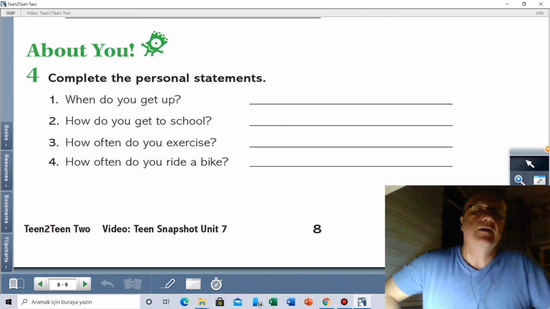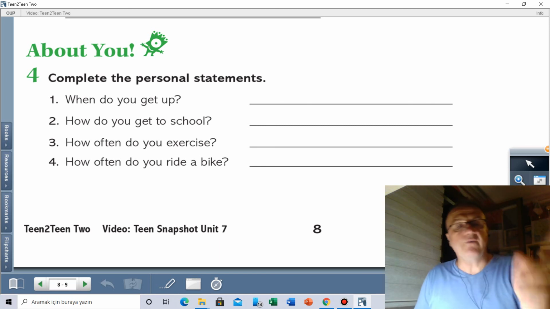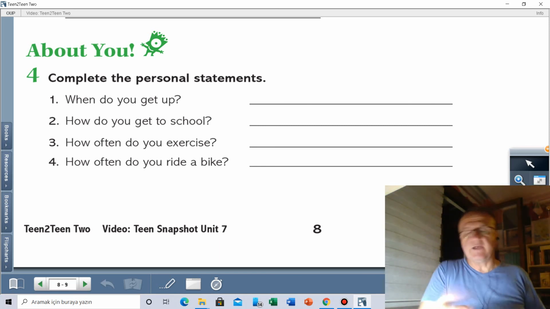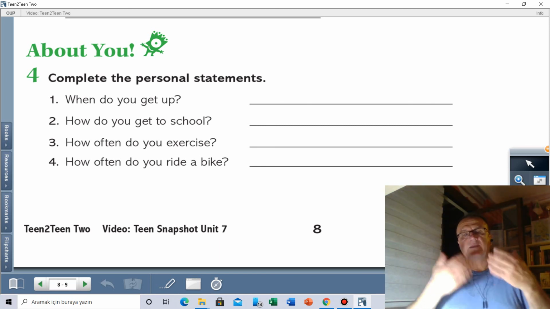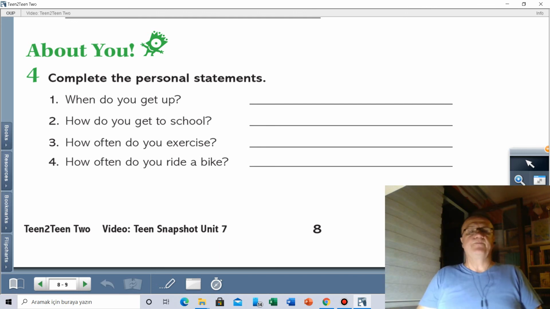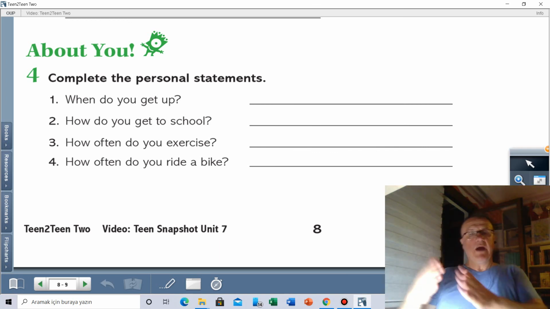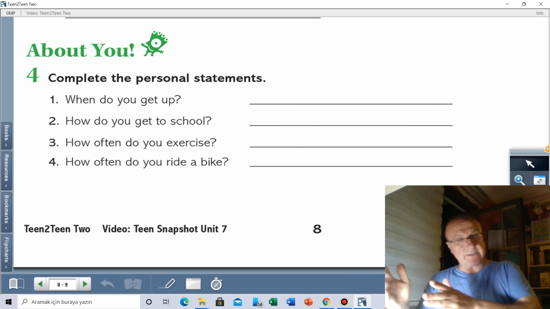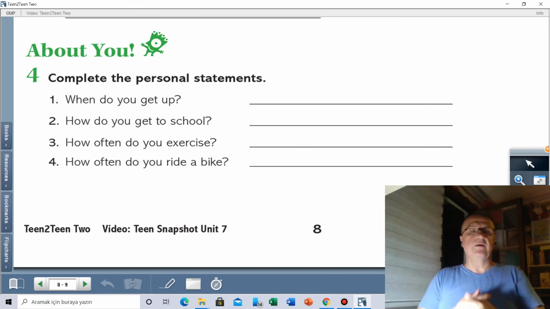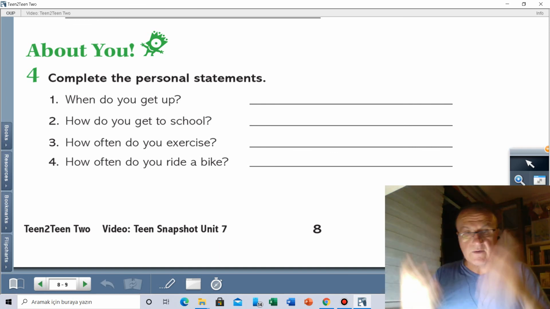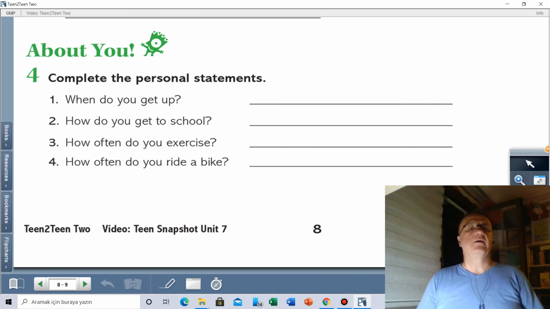For example, me, I get up at 8 o'clock. How do you get to school? For example, by car, by bus, by train? Which one? Or by riding a bike, or by bike, let's say.